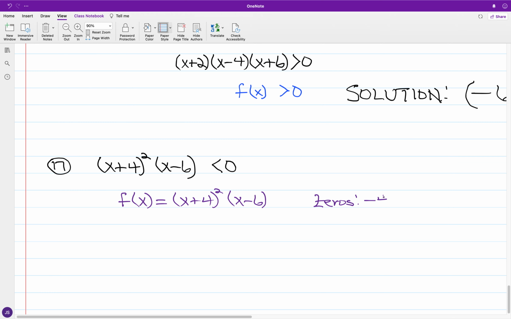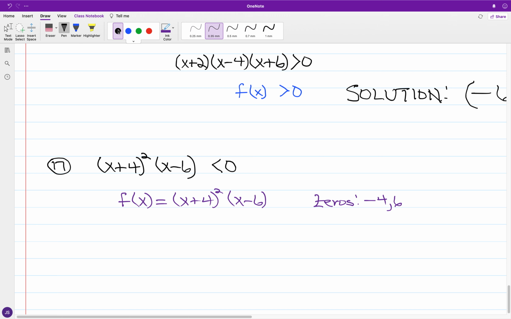And for x minus 6, I have x equal to 6. And among the intervals here, we have values of x less than negative 4, those values x between negative 4 and 6, then those values x greater than 6.